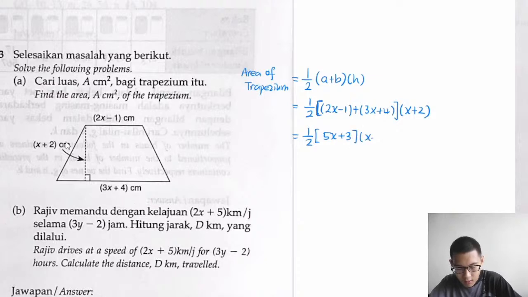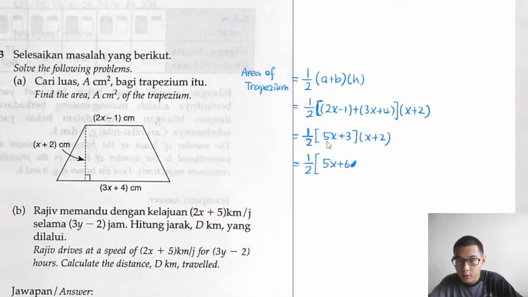So we have x plus 2 times 5x plus 3. Because this sum we cannot simplify for the fraction yet, we just keep it first. Now we take 5x times x, 5x squared.